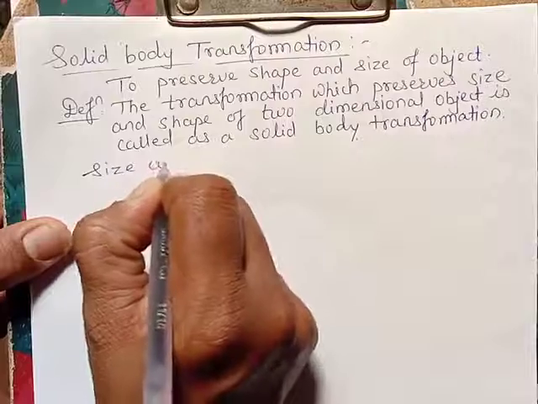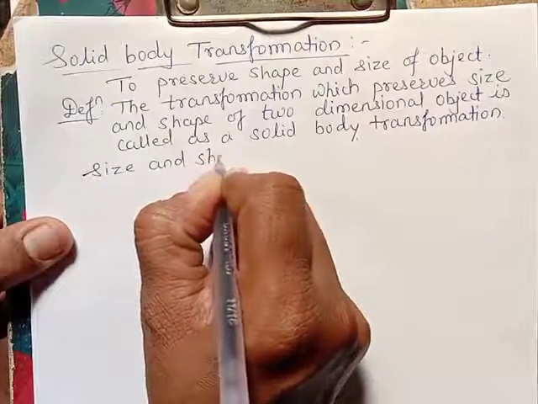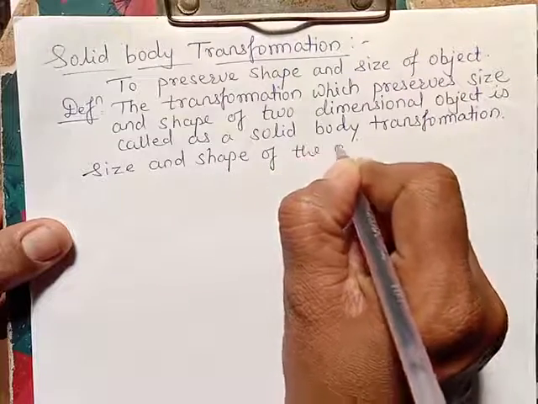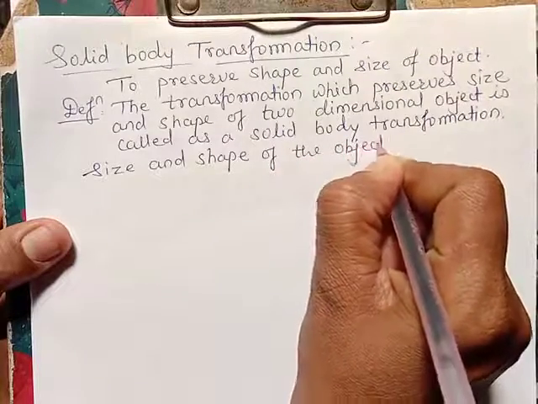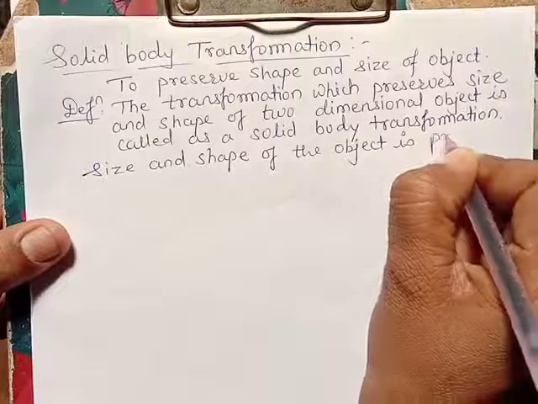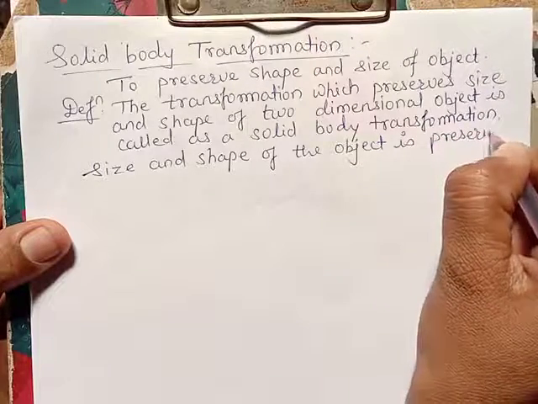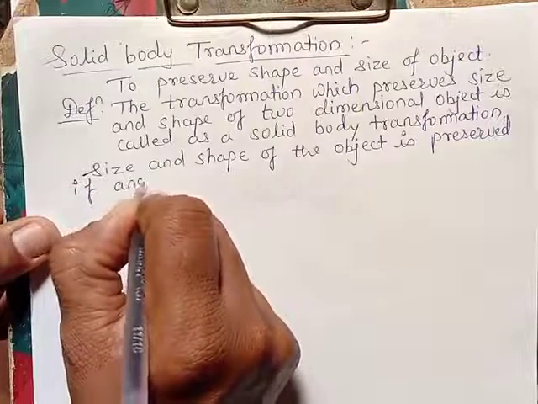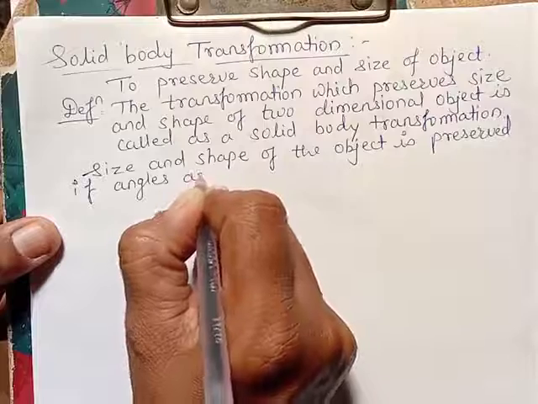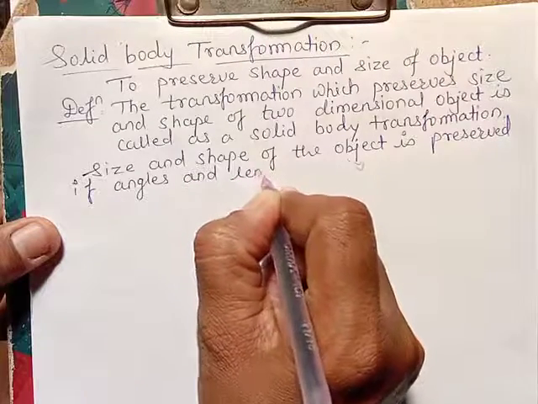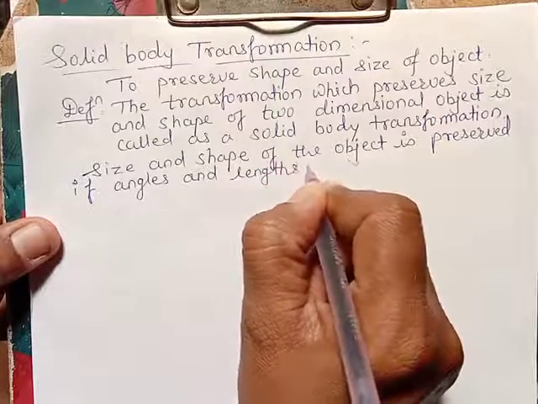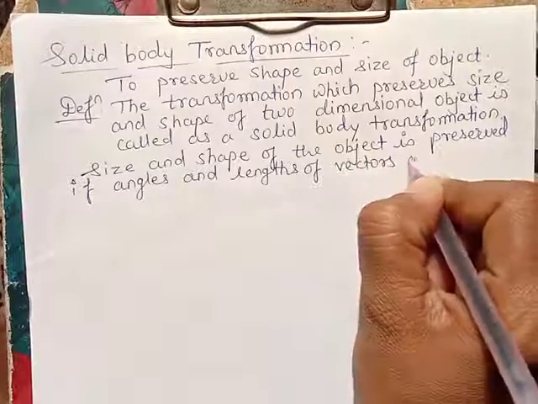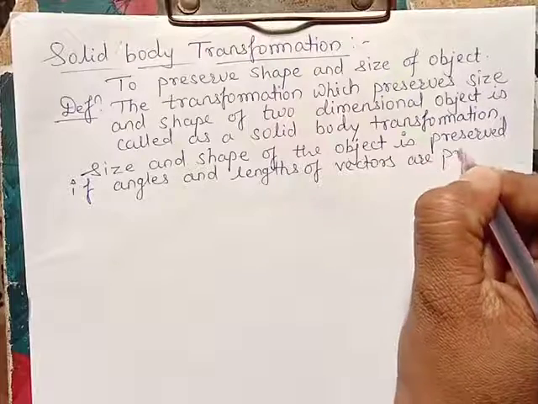Size and shape of the object is preserved if angles and lengths of vectors are preserved.